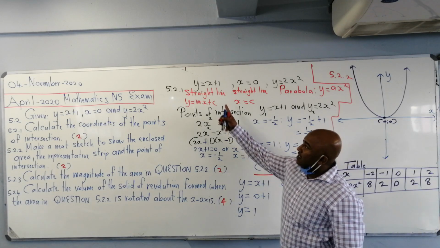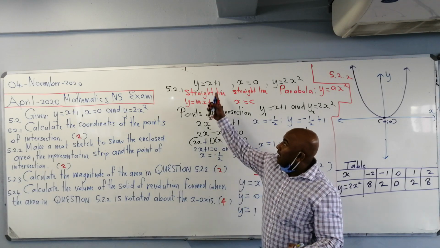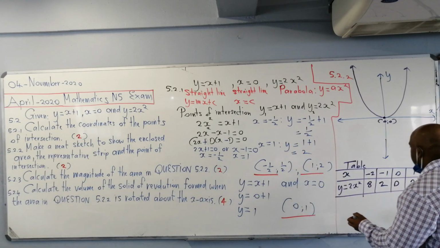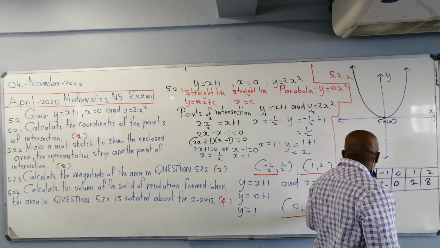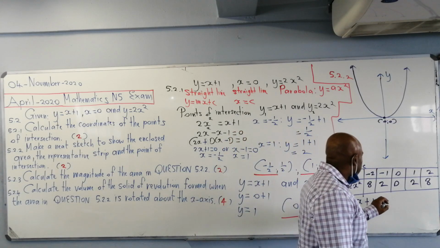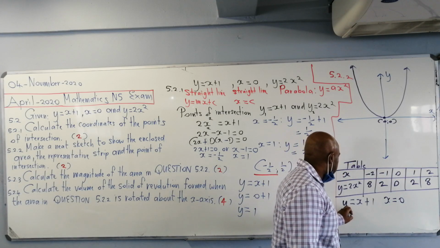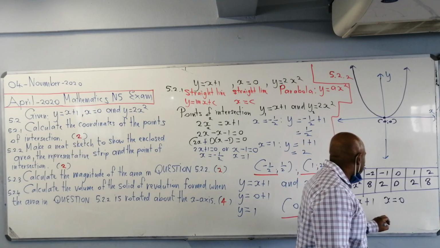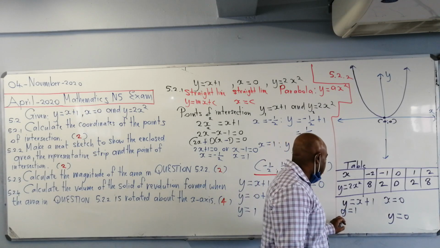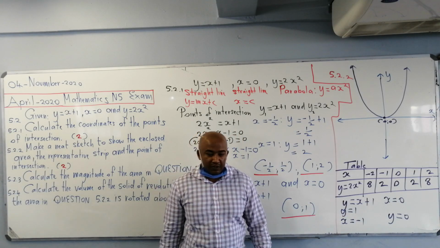Then we have the graph y is equal to x plus 1. If I want to work out the y-intercept, I will let x equal to 0. So we got y is equal to x plus 1. If you want to work out these values, when x is equal to 0, what is y? y is equal to 1. And when y is equal to 0, x is equal to minus 1.